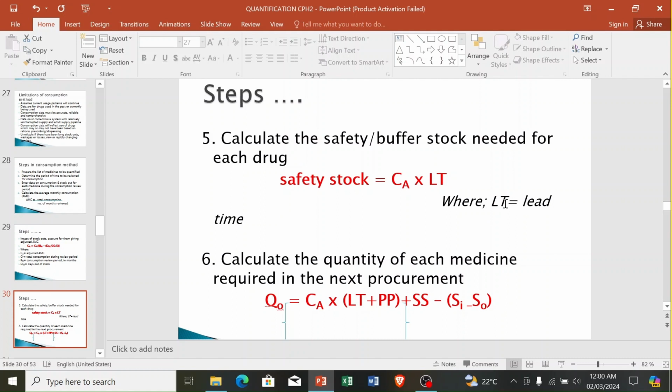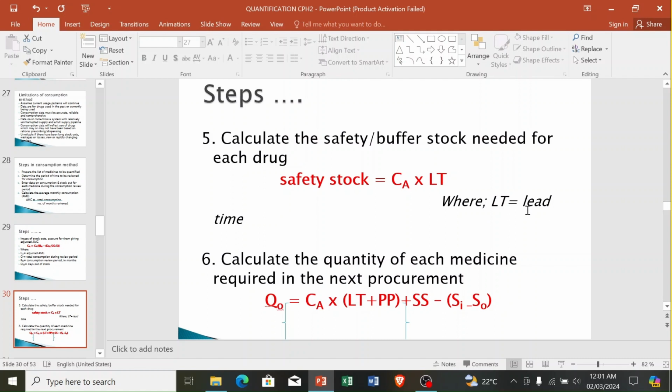The lead time is a specific period given for the drug to be delivered. The time that you are waiting for the drug to get delivered is the lead time. So if you are expecting the medicines to come in 10 days' time, from now to 10 days becomes the lead time.